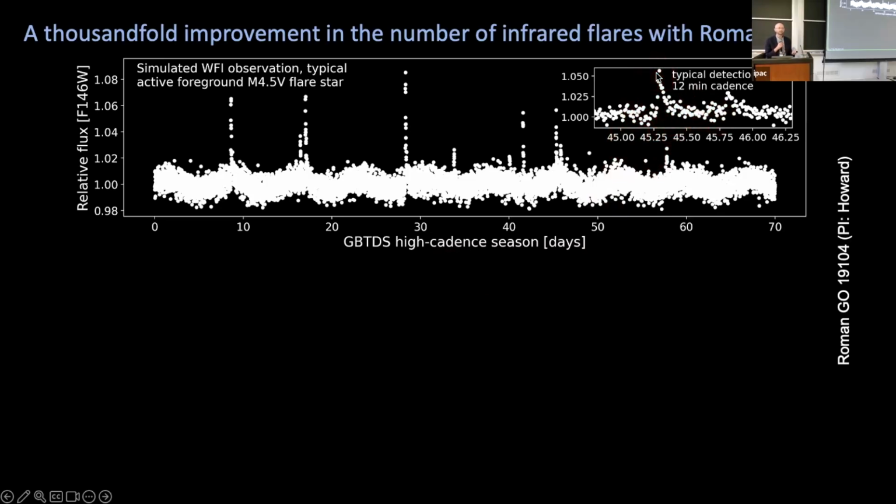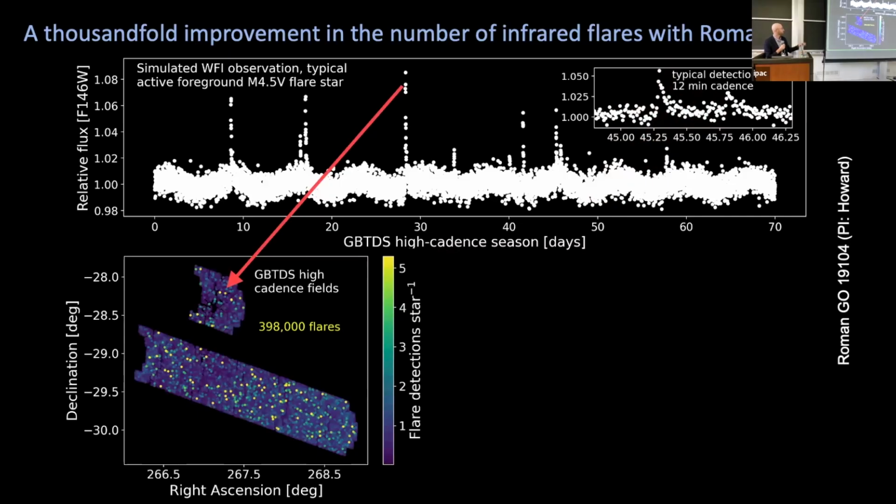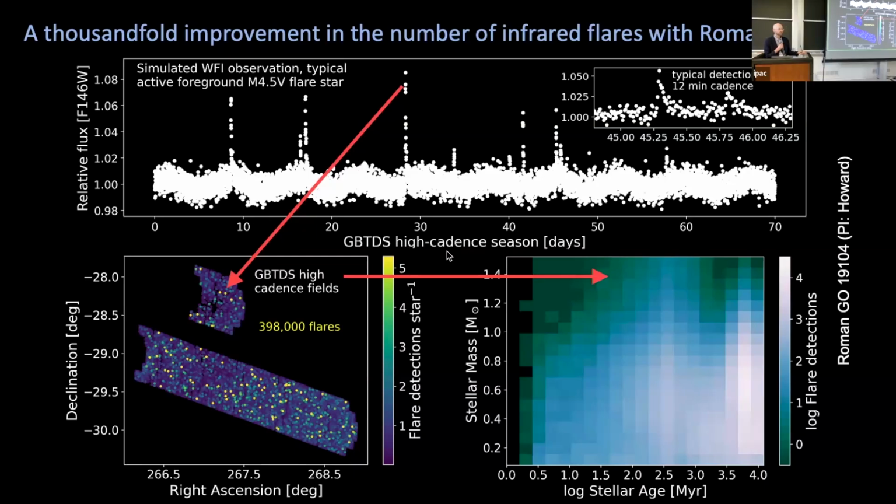Thankfully, infrared flares evolve more slowly than do optical or UV flares, so the 12-minute cadence is actually perfect for detecting these events. And then we do this, of course, not just for one flare or one star, but for 25 million stars that are detectable with Roman at 12-minute cadence, as well as 400,000 flares within that sample. And that's enough that we can start doing population statistics.